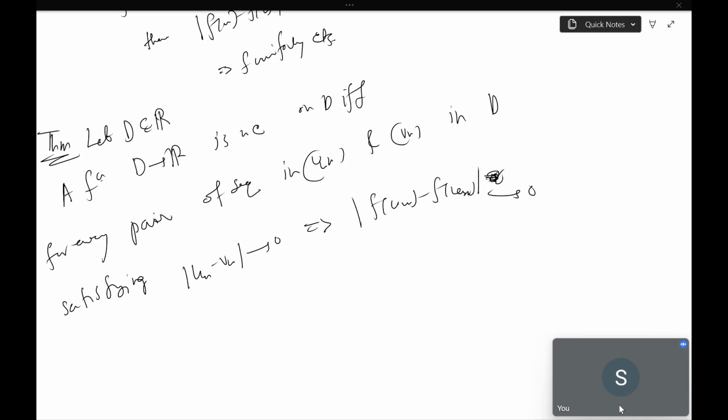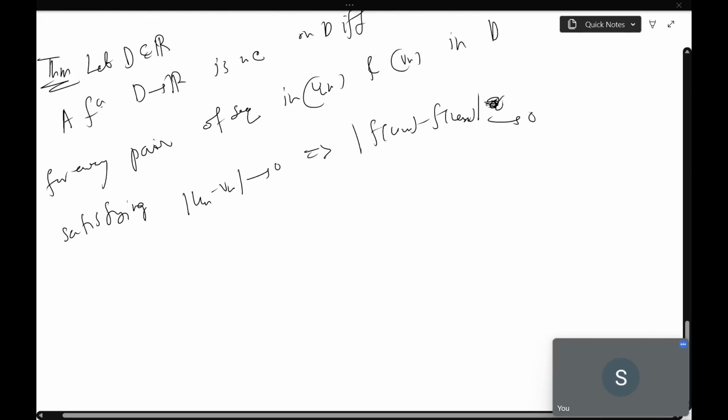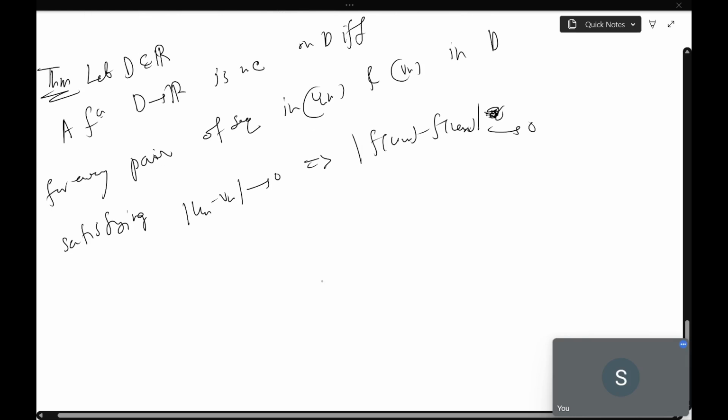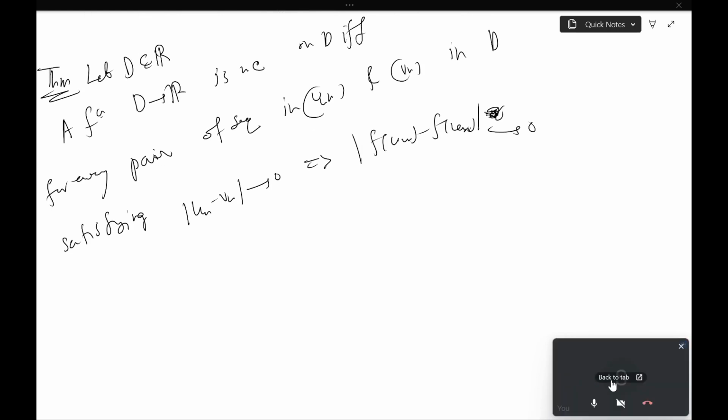So this can be done as follows. Actually this is a theorem, but it can be done directly by using the definition of continuity.